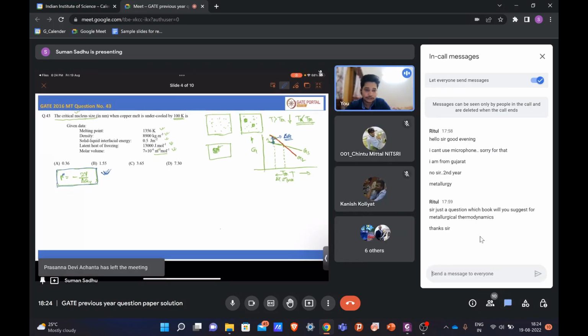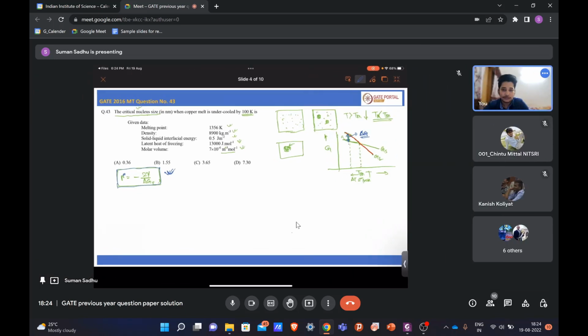Anyone try to answer? Okay. As I mentioned, delta G is the driving force for solidification, and it will assist the solidification process. But when solidification occurs, initially everything was liquid, right?